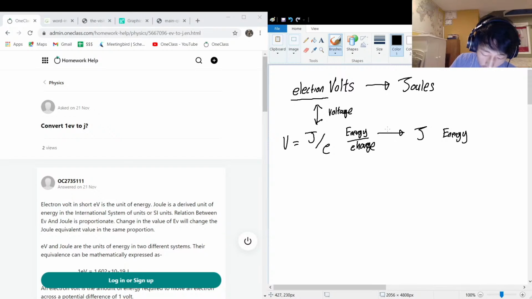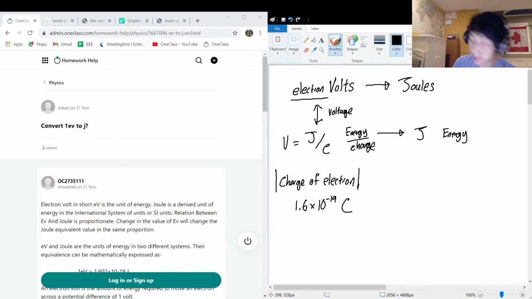Okay, so I know the charge of an electron. And let's just do the absolute value because electrons do have negative charge, but let's keep our numbers positive for now because it'll be easier to help visualize the stuff. The charge of an electron is 1.6 times 10 to the negative 19 coulombs. The C stands for coulombs, named after the scientist, the Coulomb guy. Yeah, he was probably a smart guy.